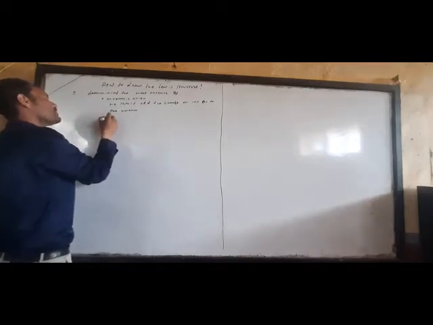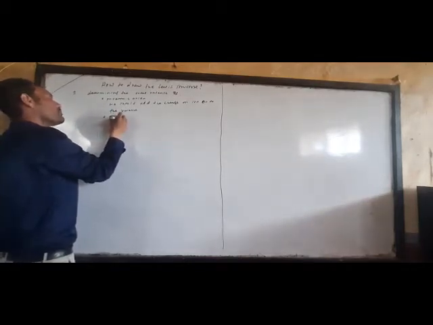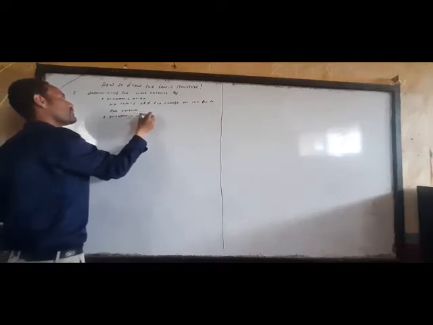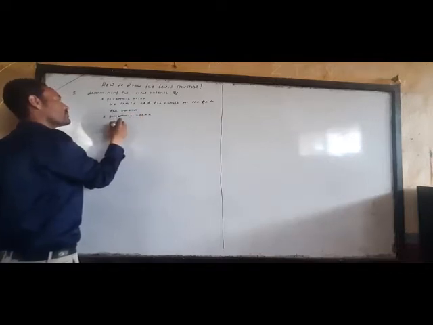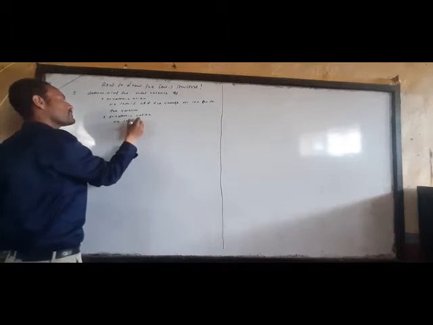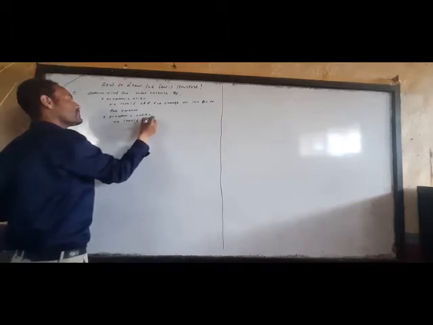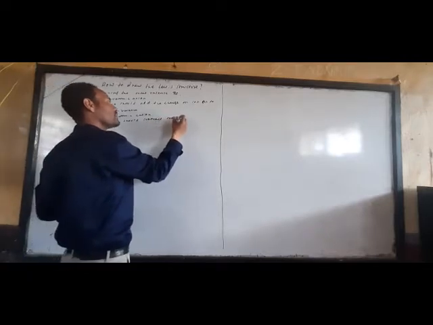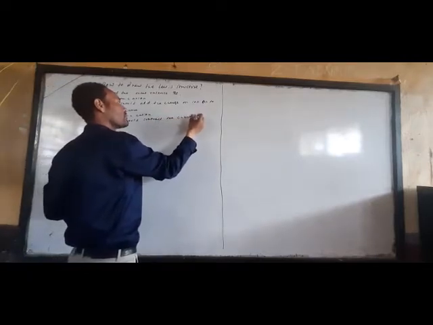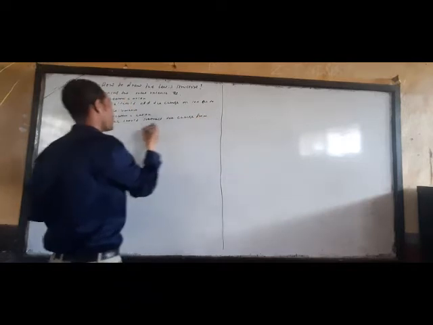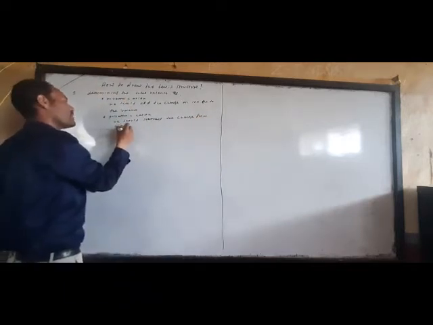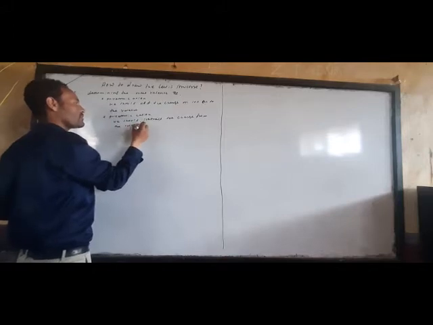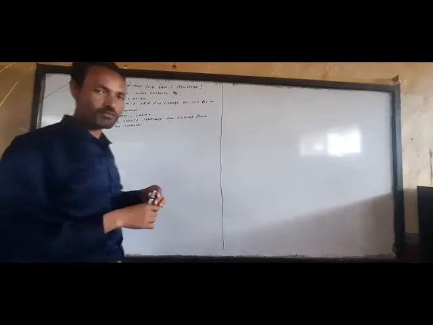And if it is a polyatomic cation, we should subtract the charge from the total valence electrons. So this is the first step.